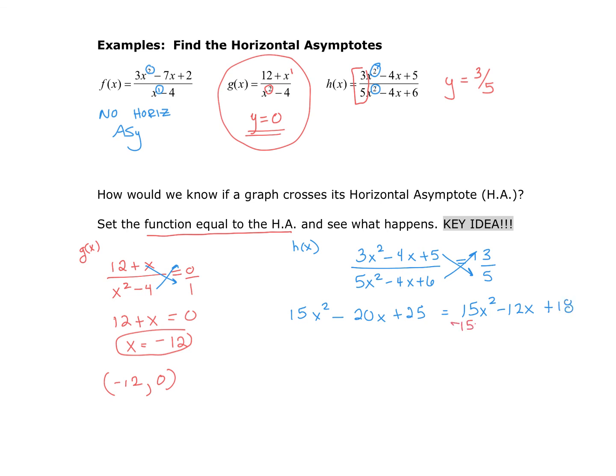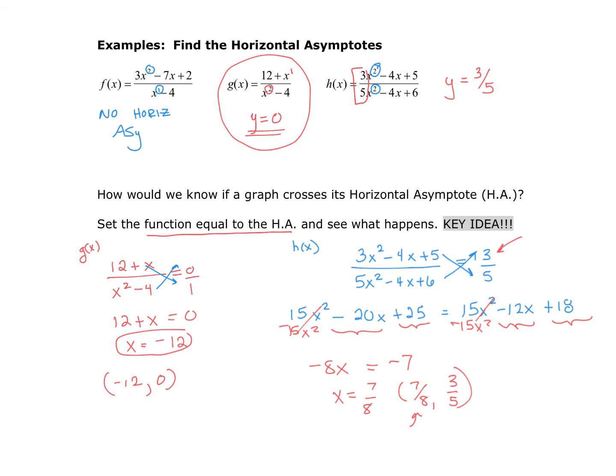In this particular case, if we subtract, our squared terms go away. And if we collect x values, I'm going to add 12x. So that will give me minus 8x. And I will subtract 25, and I'll get negative 7. And we get that x is 7/8. So 7/8, comma, 3/5, because we're saying at x equals 7/8, it will equal the horizontal asymptote of 3/5.